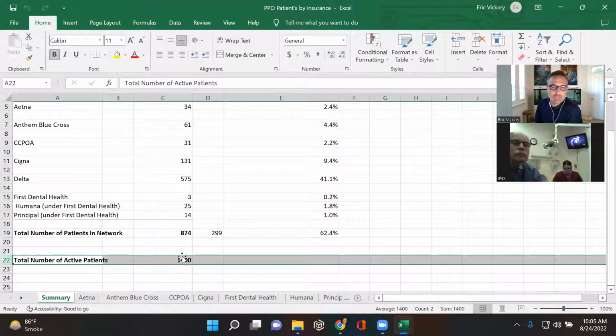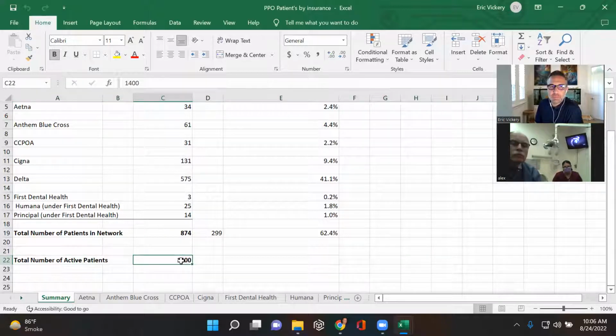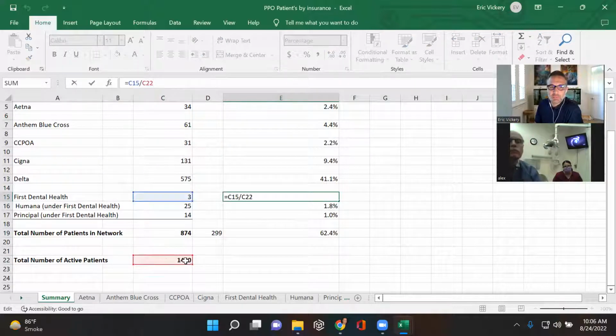You might want to take notes on what to do here. You're going to take the data out of your dental software, Dentamax, and ask, how many active patients do we have? It's going to give you a number, and you're just going to plug that number right in this cell. All of these formulas are pointing to this cell right here.